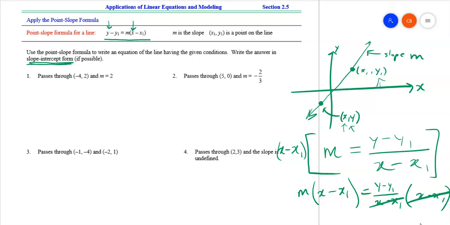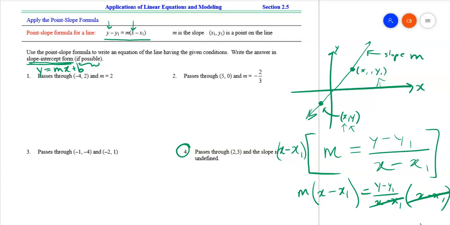That's what we're going to try to do here. You notice it says "if possible" because not every line has a slope-intercept form, especially example 4, which is not going to have one. I want to recall slope-intercept is the one that goes y equals mx plus b. That's what we're trying to obtain.